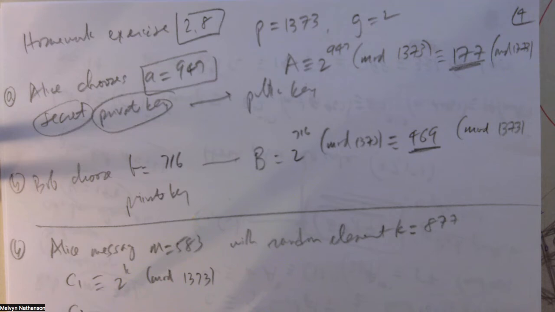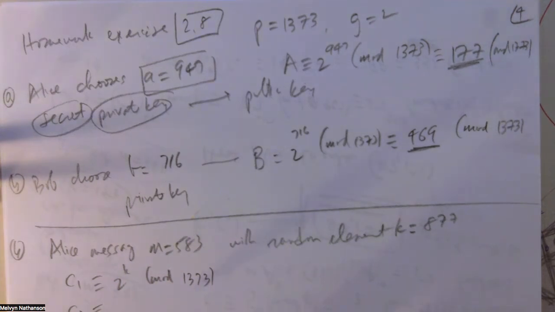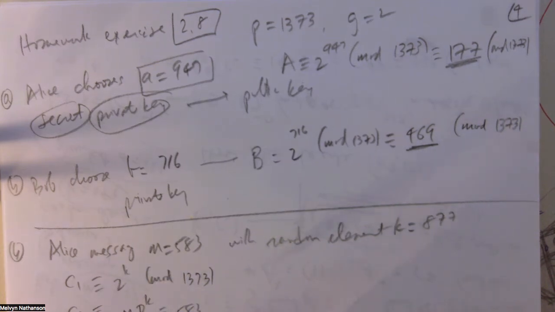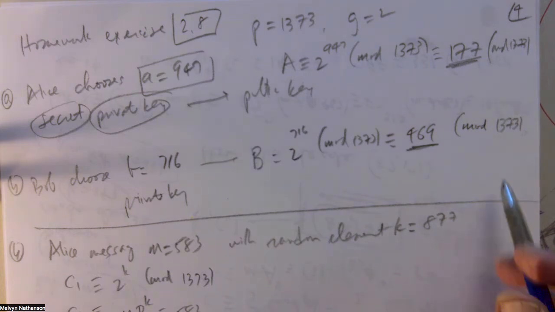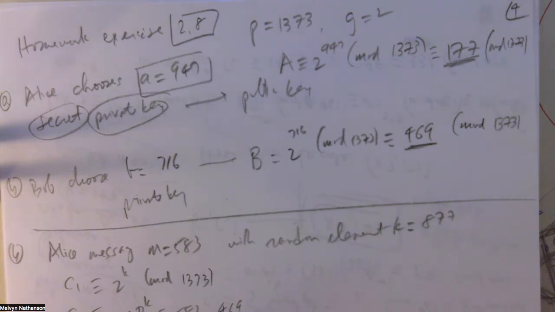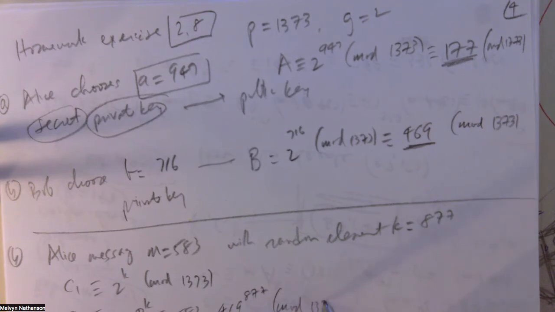And C2 is going to be the message M times B to the K, which is 583 times, what is B? 469, 469 to the power 877 mod 1373.